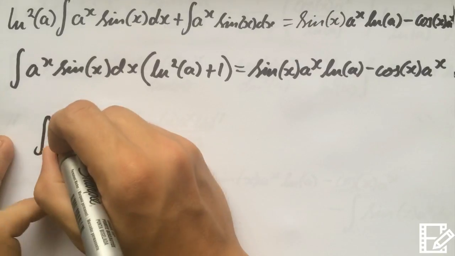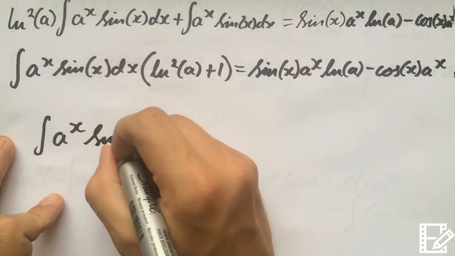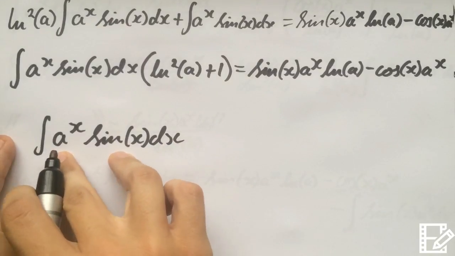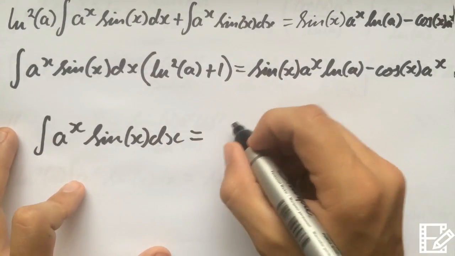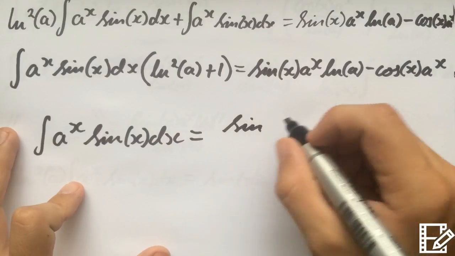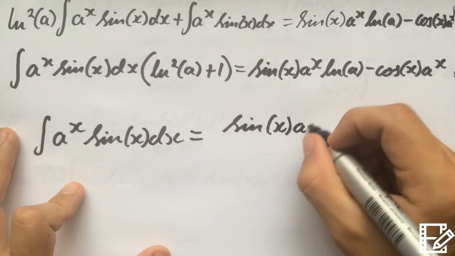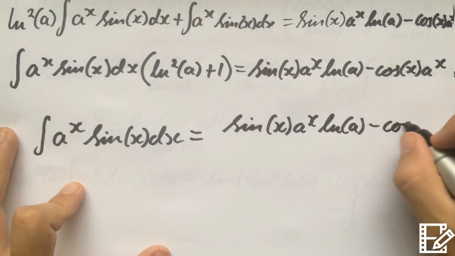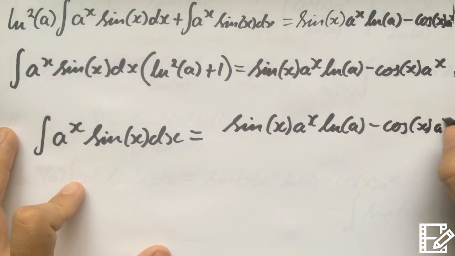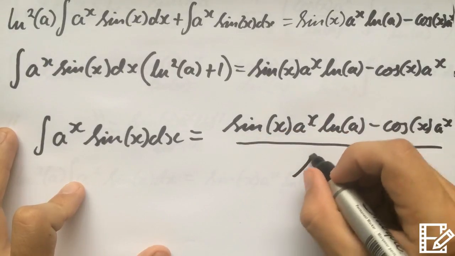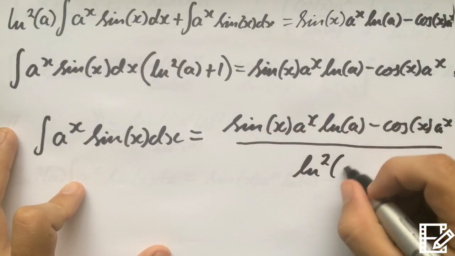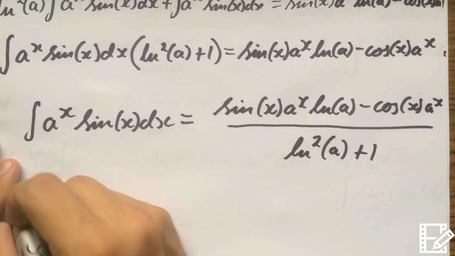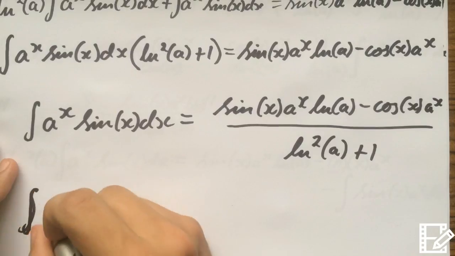Therefore, the integral of a to the x sine x dx equals sine x a to the x ln of a subtract cos x a to the x all over ln squared of a plus 1.